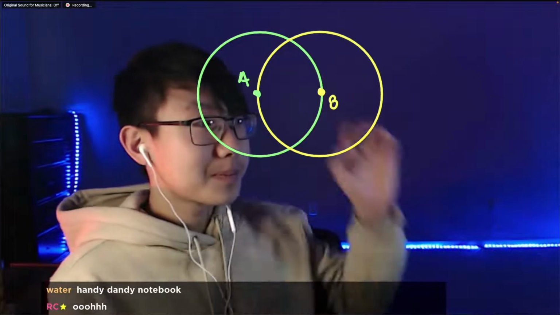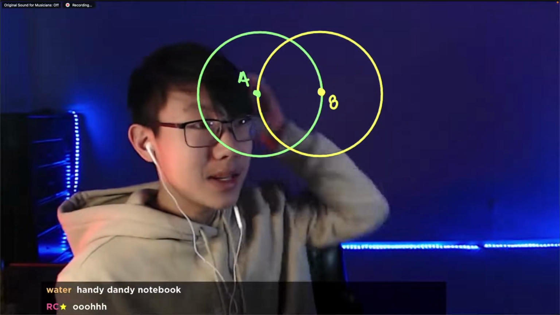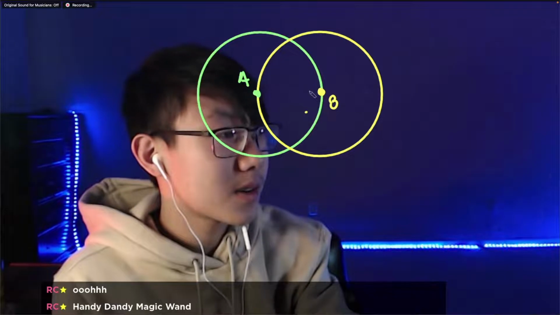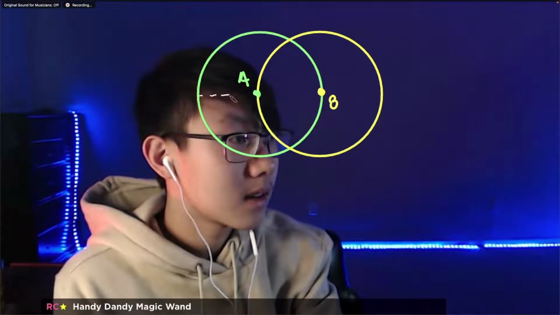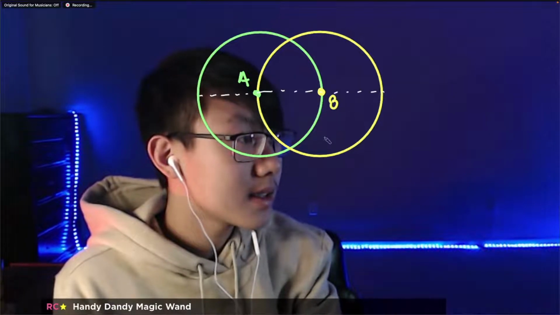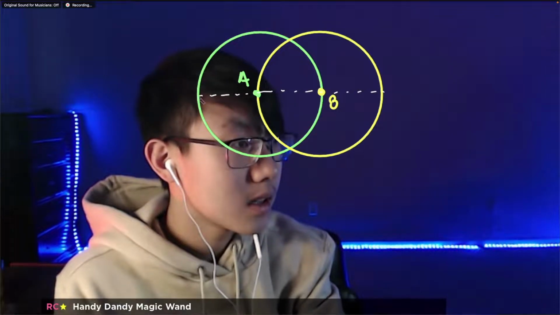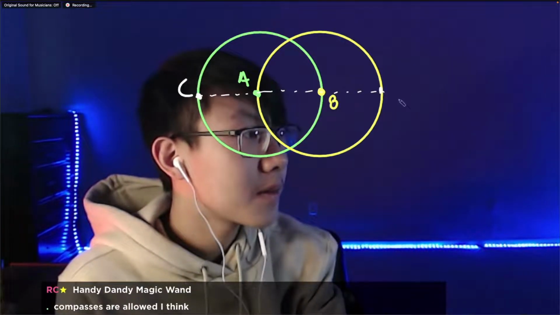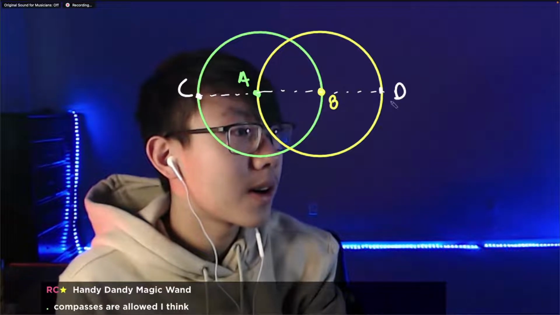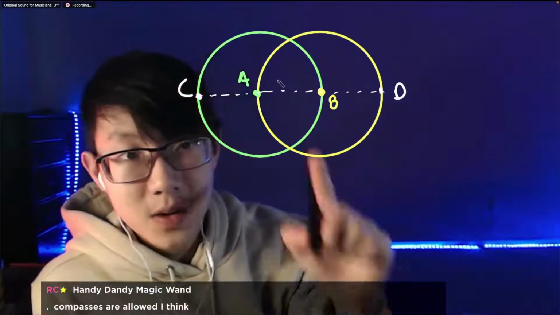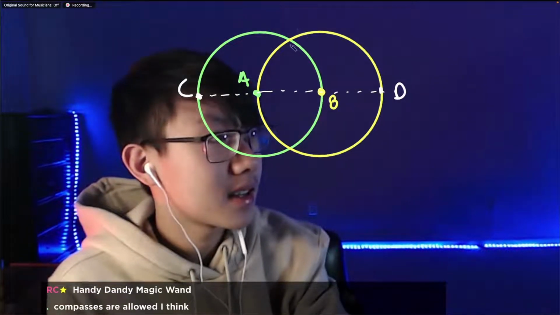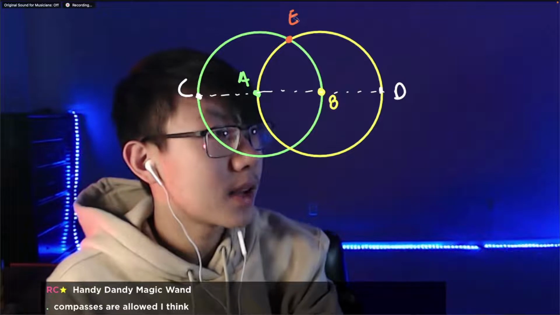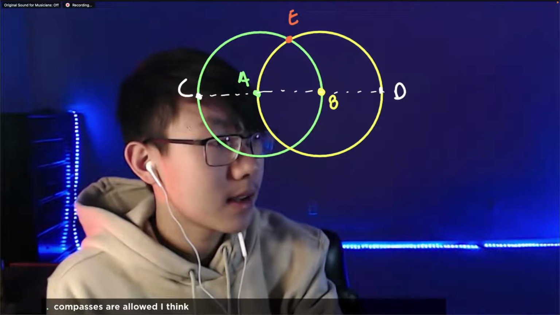And from there, the line containing both A and B is extended to intersect the circle at points C and D. So drawing this through, this hits the circle at C and D. I'm just going to call the one on the left C, and the one on the right D. And then it says the circles intersect at 2 points, and one of them is E. So I'm just going to designate the top one to be E. What's the angle measure of CED?